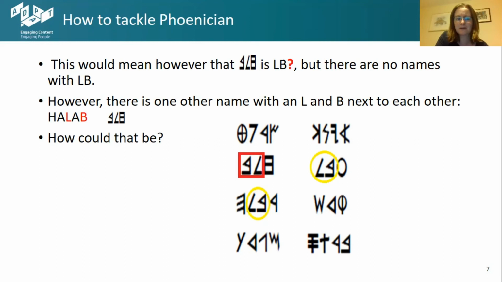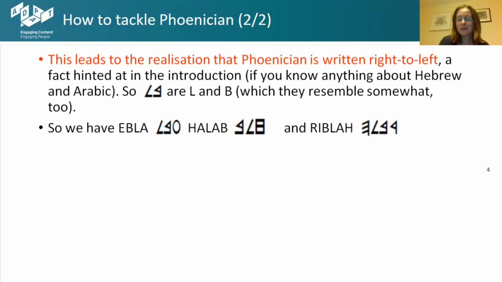So how could that be? I've highlighted there in red where you can see it's the same symbols, but in the opposite direction. Why might that be? Could it possibly be that Phoenician is actually written right to left, and that this would make more sense? If we go back to our blurb, it was closely related to some of the languages, and we mentioned Arabic.